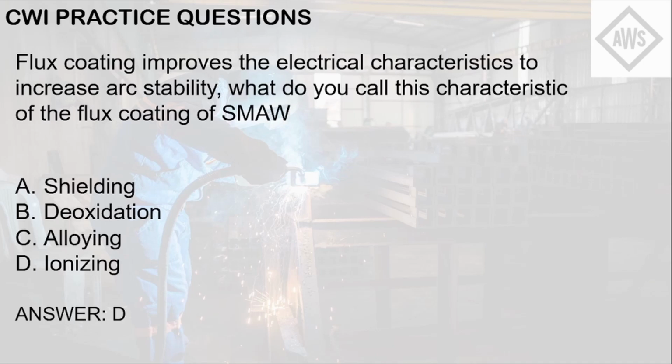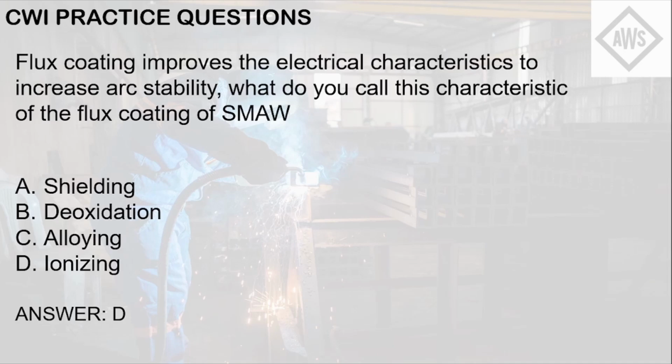Alloying, as I've mentioned earlier, also adds elements that will improve the characteristics of the molten pool of metal, thus improving its mechanical properties. So that leaves us with letter D, ionizing, which is the correct answer, which is the improvement of the electrical characteristics to increase arc stability.